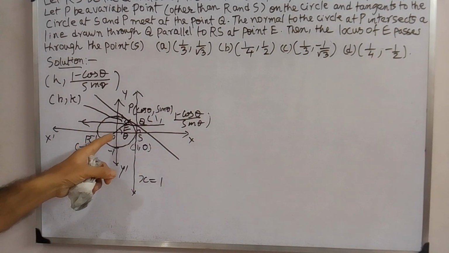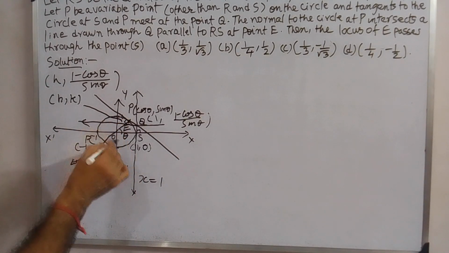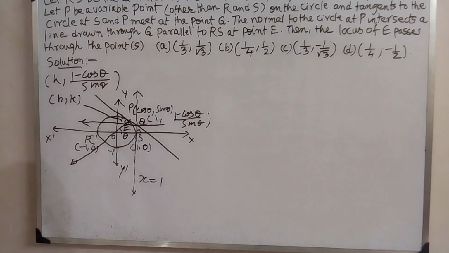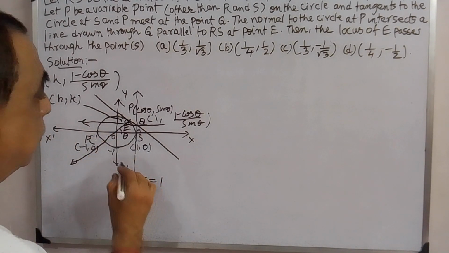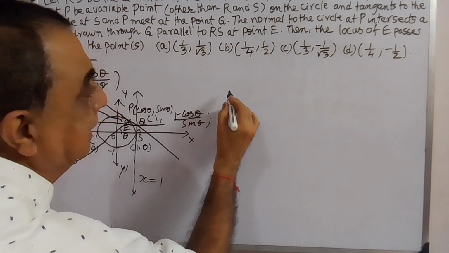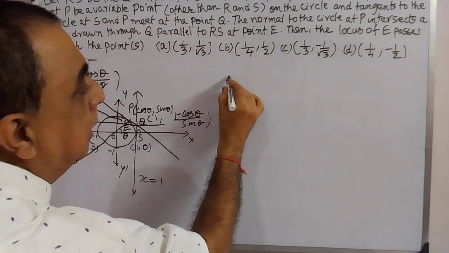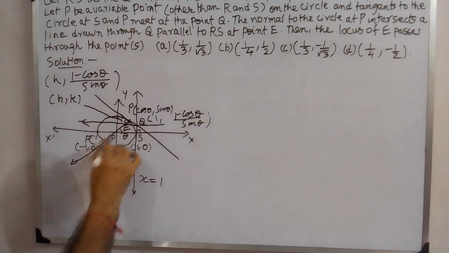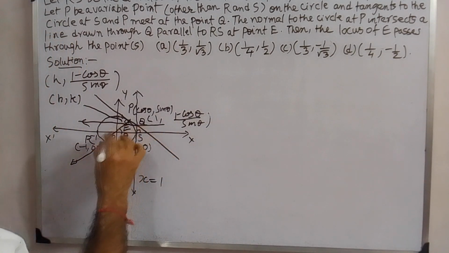Because it is making an angle theta degree and it is passing through the origin, what will be the equation of the line PE or PO?